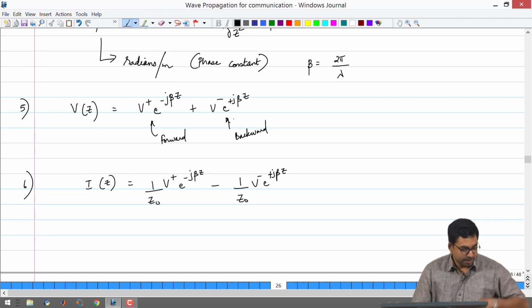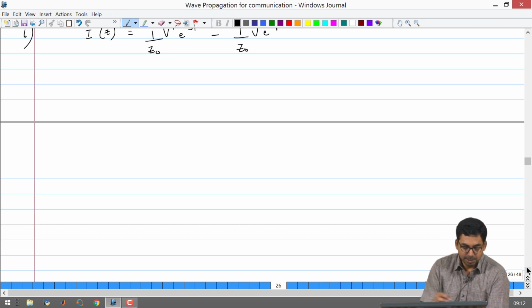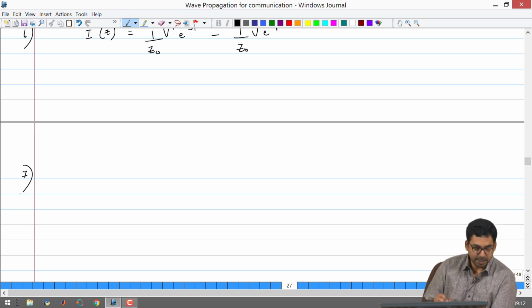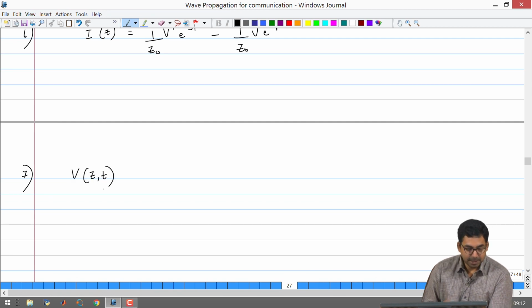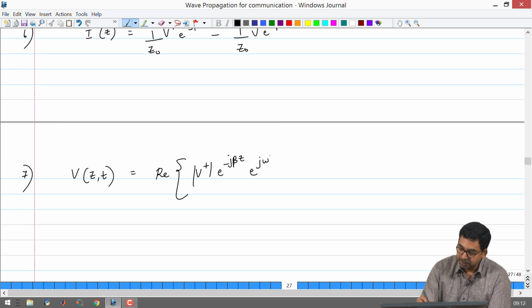Once we have this, we have to still establish some relationship with the solutions that we have seen in the past. So, we can say that the voltage is a function of space and time, that is how we started, and the way we broke this down was it is a real part of some e^(−jβz) times e^(jωt).